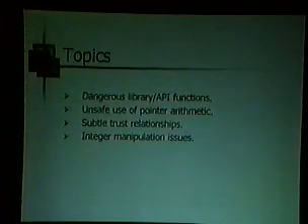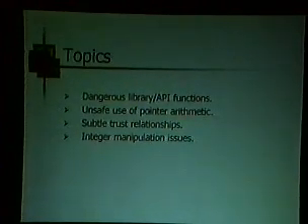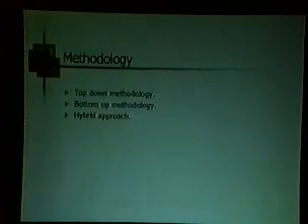The main classes of bugs we're going to talk about are dangerous library and API functions. These are pretty well known, as we said before, so we're not going to spend long on this. Then we're also going to talk about unsafe use of pointer arithmetic, subtle trust relationships, and also integer manipulation issues, which have been a lot more prevalent recently. So we're going to go over to methodology now with Neil.